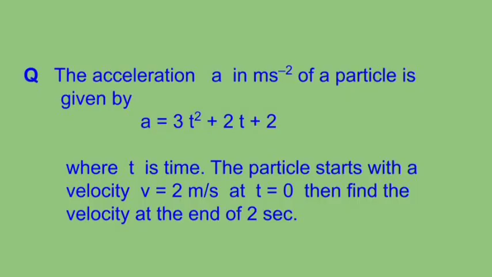Now the third question. The acceleration a in meter per second square of a particle is given by a is equal to 3t square plus 2t plus 2, where t is time. The particle starts with a velocity v is equal to 2 meter per second at time t is equal to 0. Then find the velocity at the end of 2 seconds.